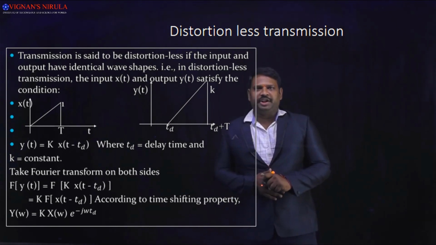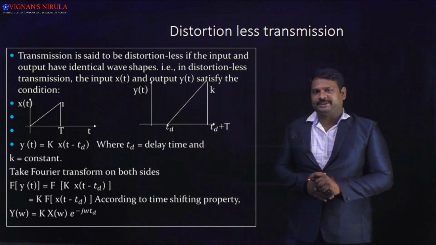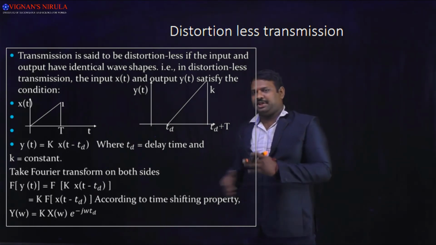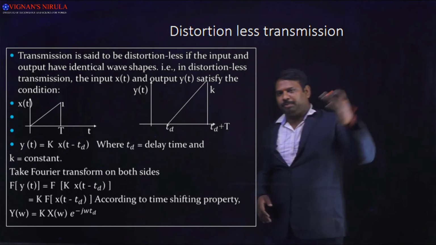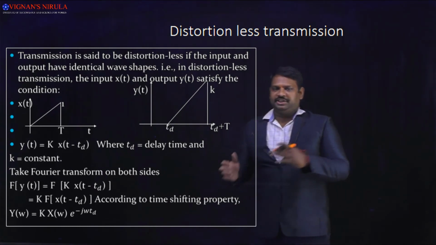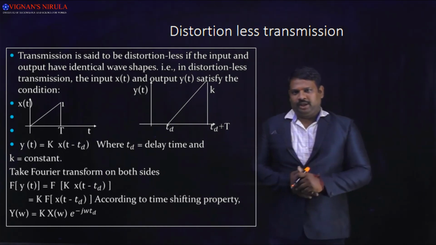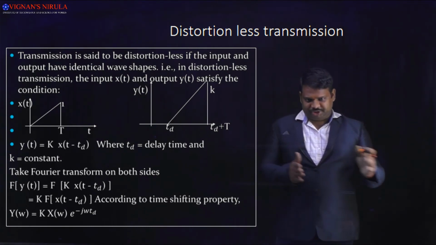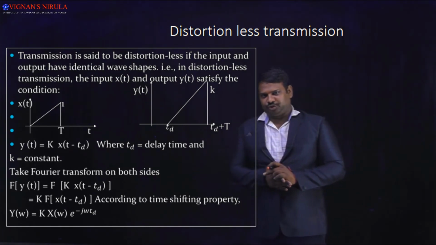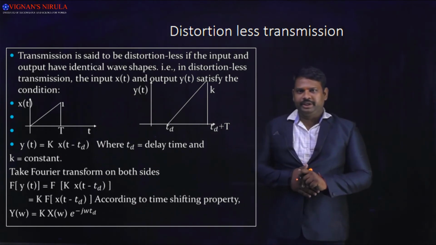Therefore, without any distortion, the output can be given as k into x of t minus td. Here k means the amplitude is increased by k, and the shift means the signal is delayed by td units, where td is the delay time.